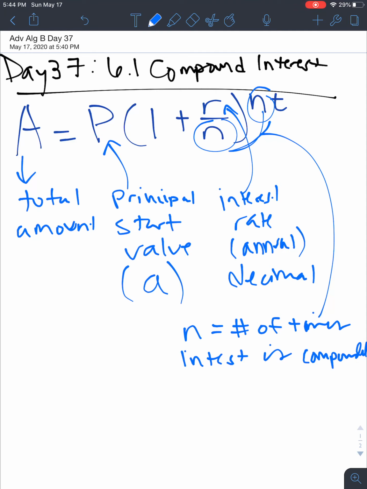If you rack up a whole bunch of credit card debt, interest is how the bank makes money. They charge you interest on your starting value, on your principal. Usually their interest rates are really high, so you're going to get a pretty big decimal. The number of times that interest is actually calculated just depends on the bank, but that's why this is a super useful tool, because it comes into your daily adult life.